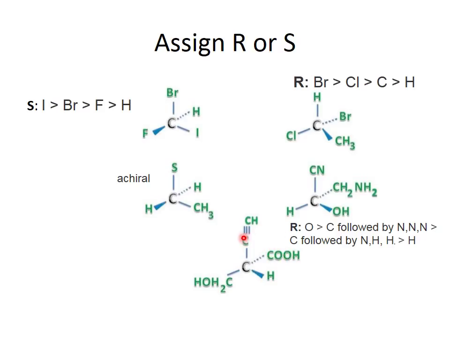So this is carbon with 3 oxygens attached, carbon with 3 carbons attached, and a carbon with 2 hydrogens and an oxygen attached. The highest priority group is going to be this. Next will be this one. And then this one will be last because oxygen outweighs a carbon. That's why this one's higher priority.